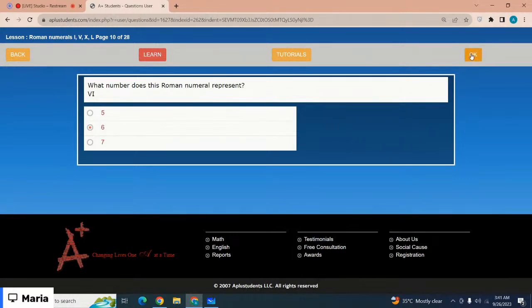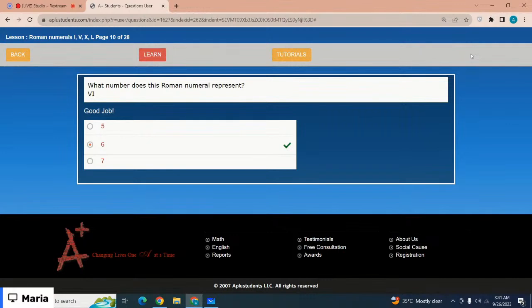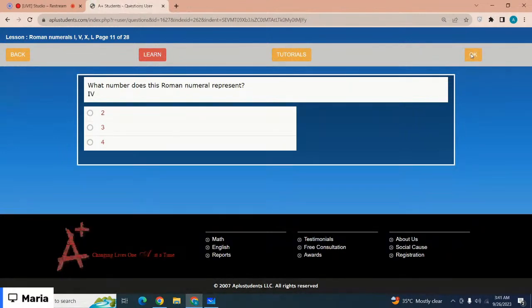Option number 2 is the correct option, right? What number does this Roman numeral represent?